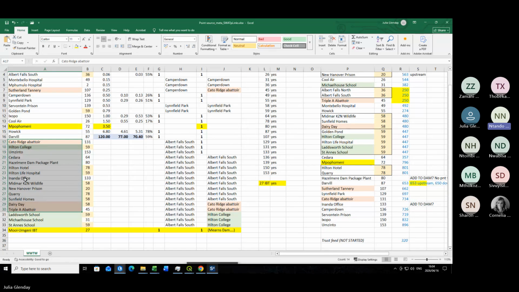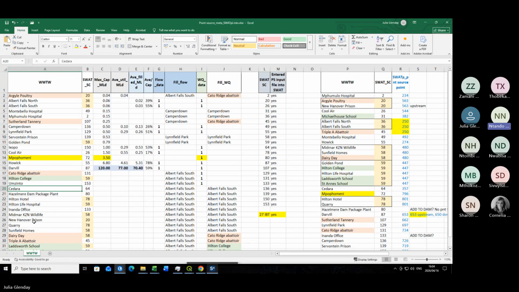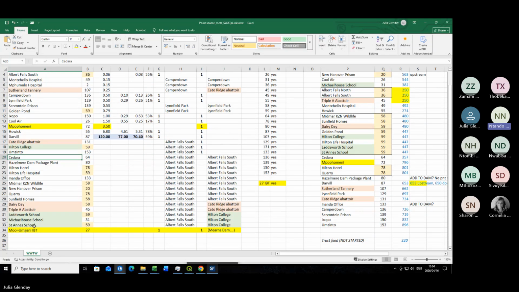Even the Hilton College wastewater works, we once visited it. They are monitoring water quality data, but in terms of the inflows and outflows, they are not monitoring that. Most of them are managed by private landowners, so it will be tricky to get some data.